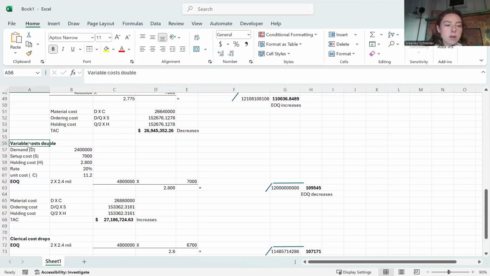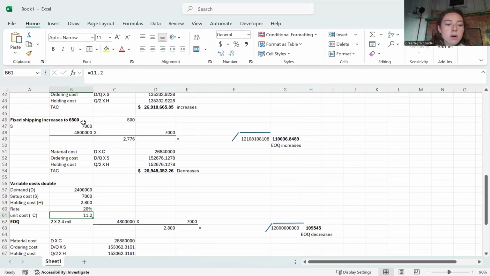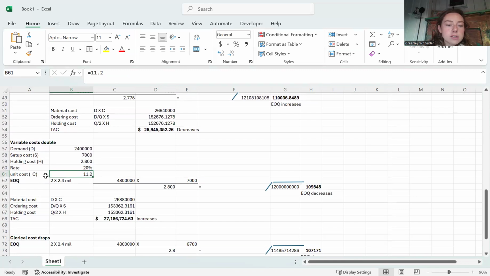So now, what happens when our variable costs double? This one I wasn't sure exactly where to put, but I was assuming that it meant that our 10 cents now turned into 20 cents per unit, which I tacked on to our unit cost. So before our unit cost was $11.10, and all I changed was the fact that our C is now $11.20.